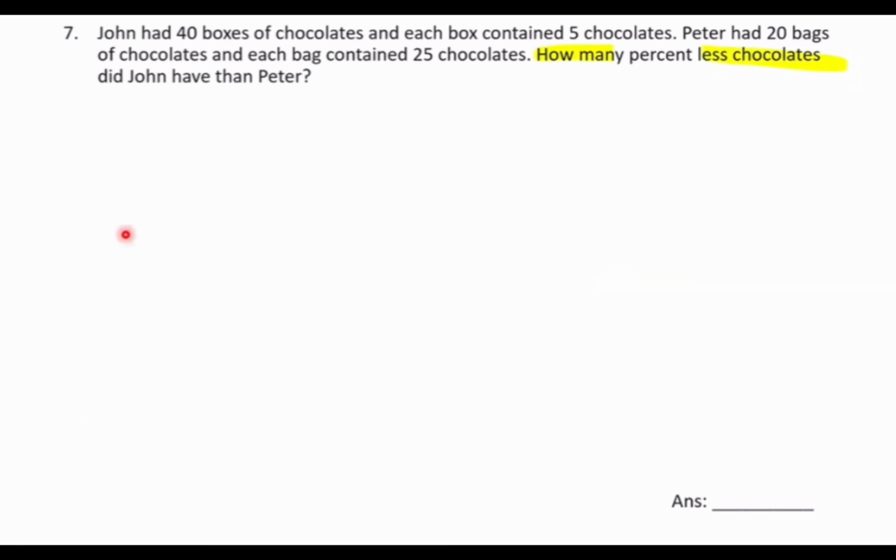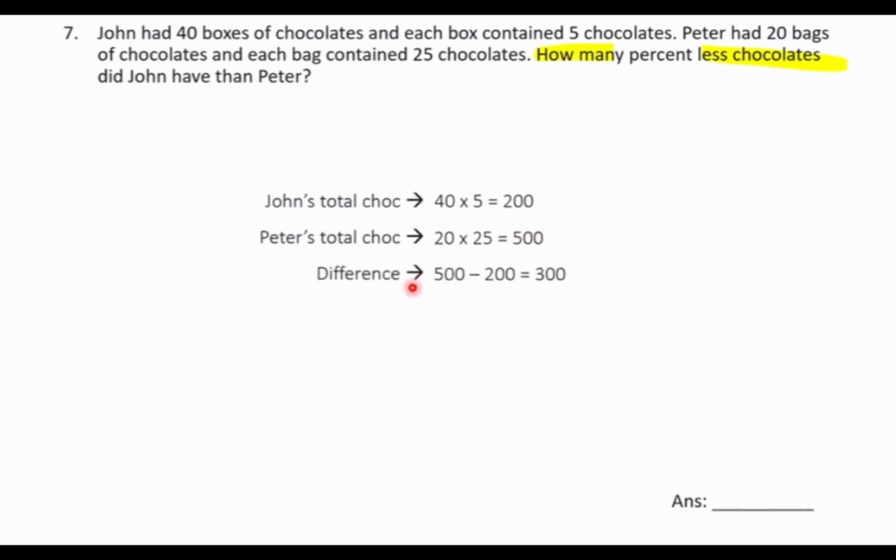I'm sure you all can find that, right? John: 40 boxes of 5, so 40 times 5. Peter: 20 bags of 25, so 20 times 25. How many less chocolates? You find the difference. So 500 minus 200, which is 300.